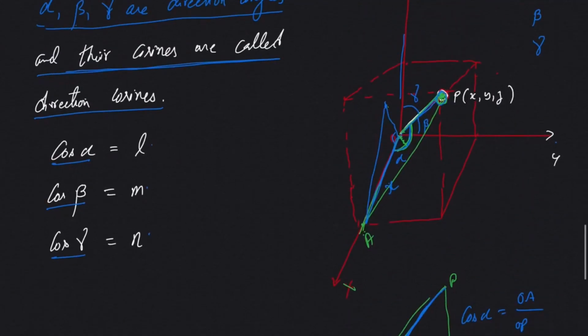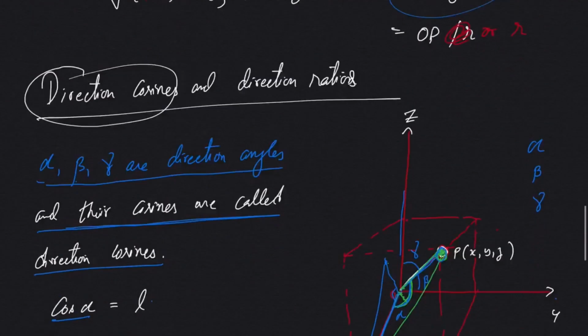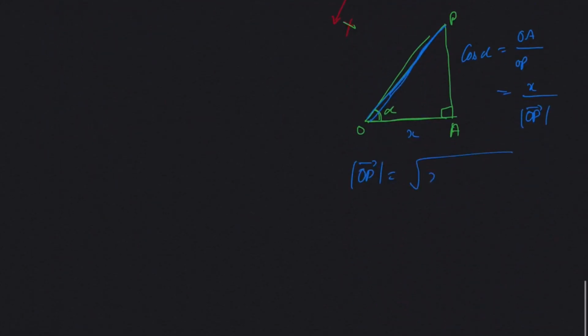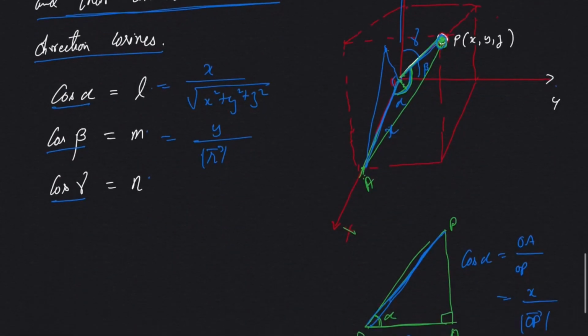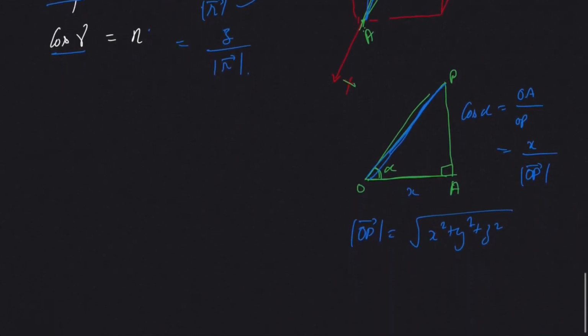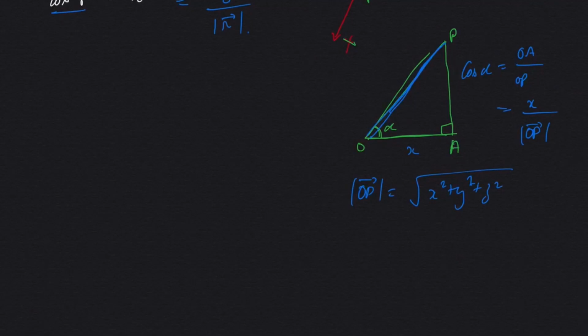As we had seen, it is simply the square root of x square plus y square plus z square. So L will be x by the magnitude of the position vector, and M will similarly be y by the magnitude of the position vector. These are called direction cosines.